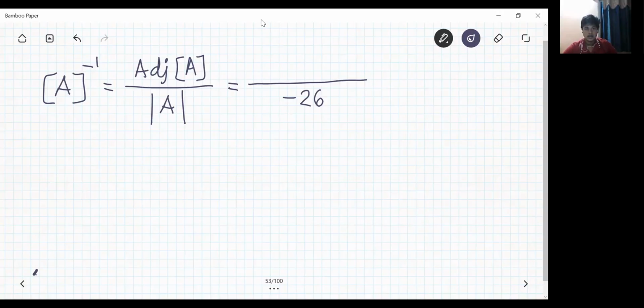Then you write the adjoint matrix A here.